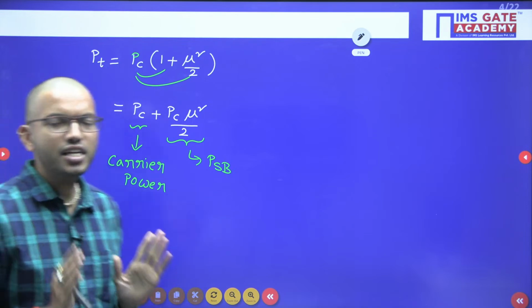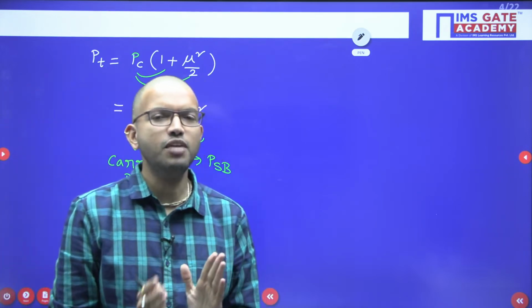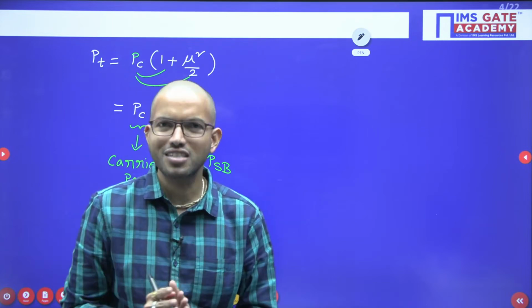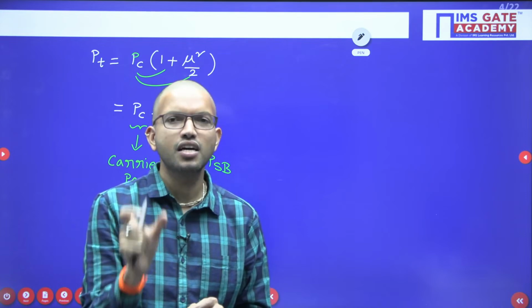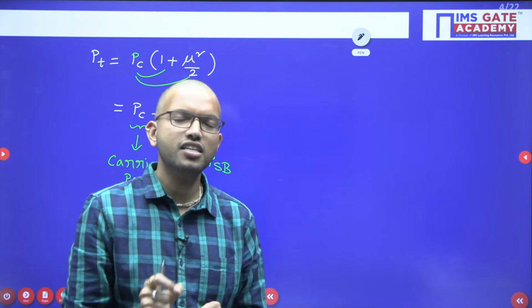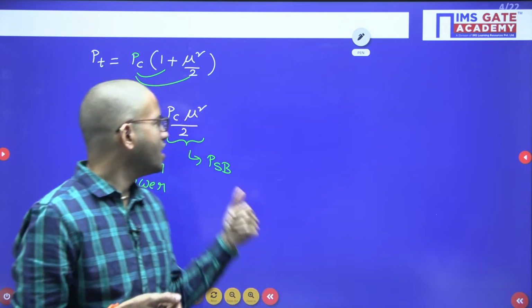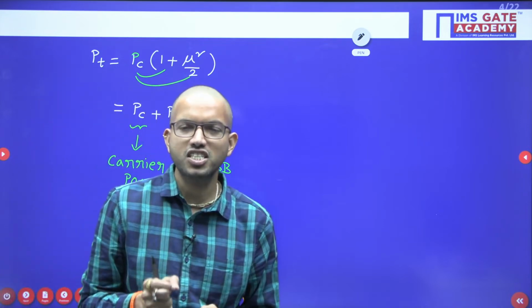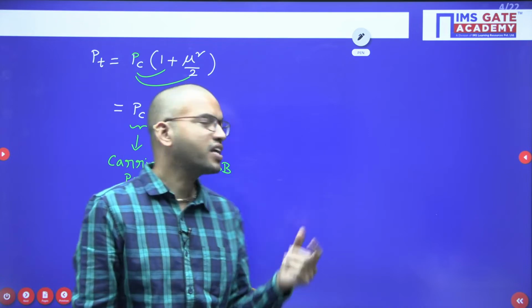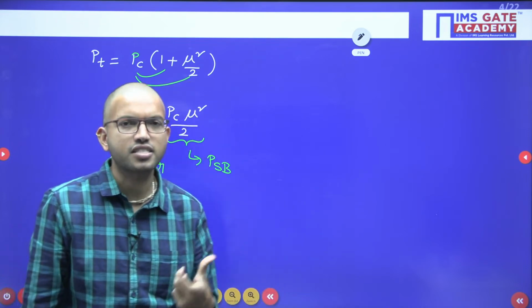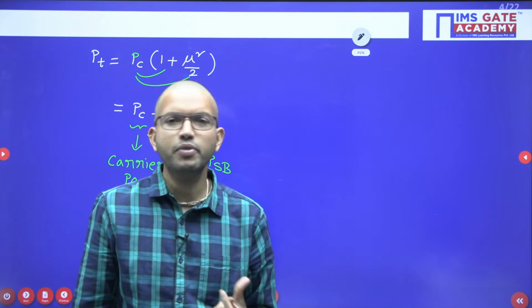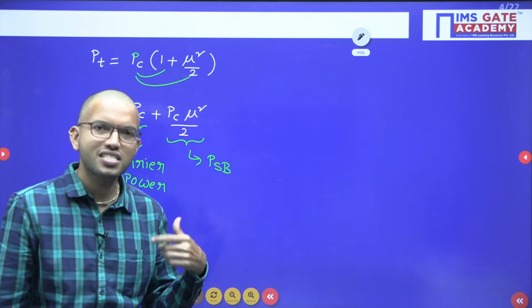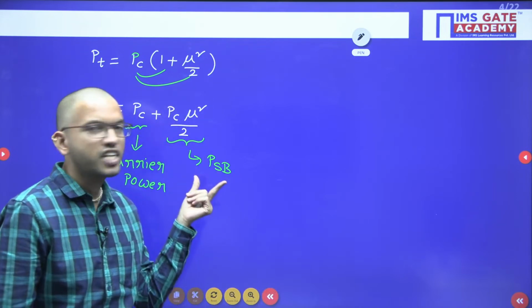Generally students get confusion. In general, ideally speaking, the message signal is available in any one of the sidebands. Either you can consider the upper sideband or the lower sideband, because with the help of any sideband you will get the same information, right? But whenever the question is regarding AM or DSBSC signal and they mention message signal power, because we are transmitting both the sidebands and both contain the message information, it is nothing but the total sideband power.